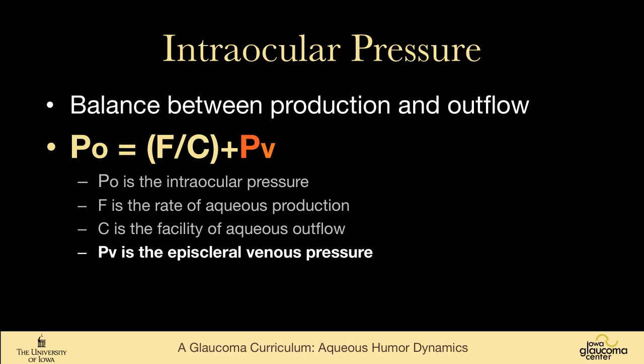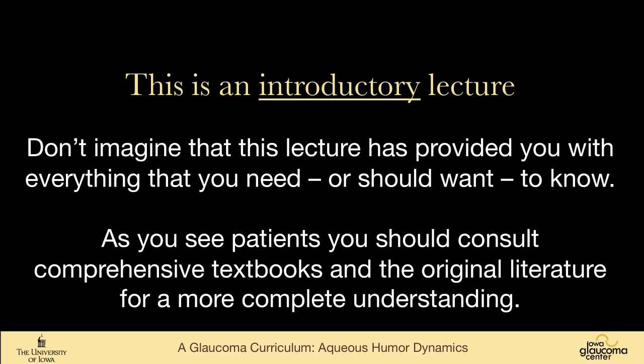So below episcleral venous pressure, below 8 to 10 millimeters of mercury, all outflow would be uveoscleral, and the pressure needs to get above 8 to 10 before there is any outflow at all through the trabecular meshwork. So this is just an overview of the flow through the anterior chamber, just to get you oriented to begin your studies of glaucoma.